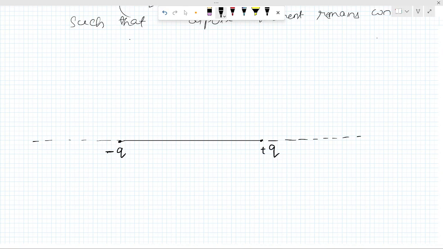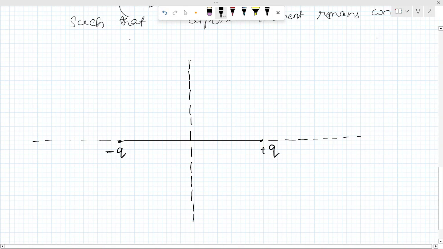If I draw the equatorial line, that is a line perpendicular to the dipole, like this is my equatorial line.